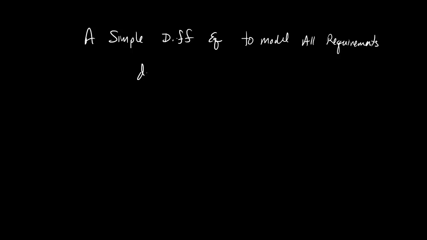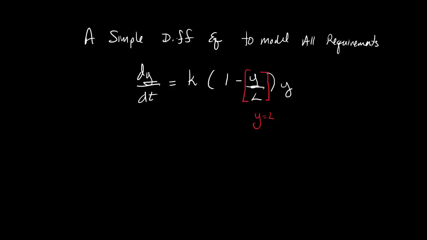And that's going to be dy/dt = k times (1 - y/L) times y. Notice here we have this relationship of the population to that carrying capacity again. At the equilibrium scenario, y equals L, so we would get 1 minus 1, which would be 0. k times y times 0 gives us 0. So dy/dt would be equal to 0.